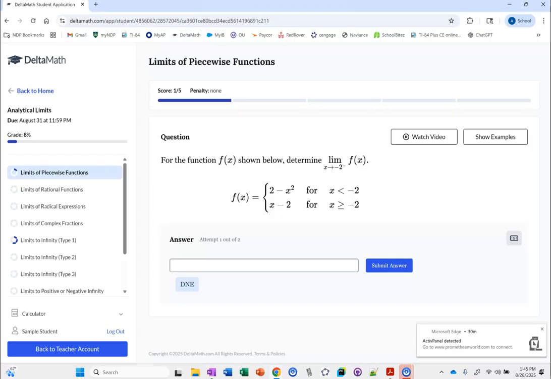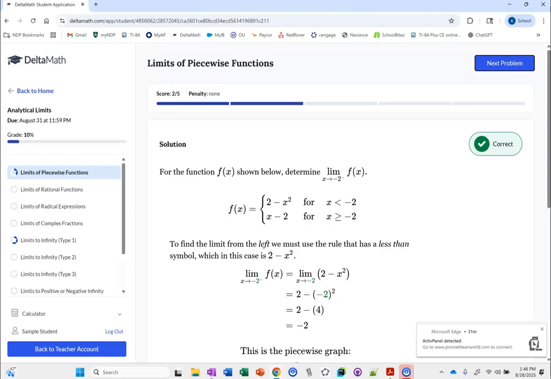Because again, it's a polynomial, I can just direct substitute it. So 2 minus 4 is -2. Yes, of course, -2. That's what you guys are there for, to catch it when I say something wrong.